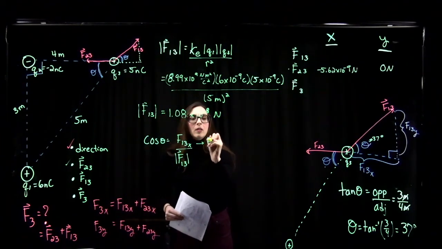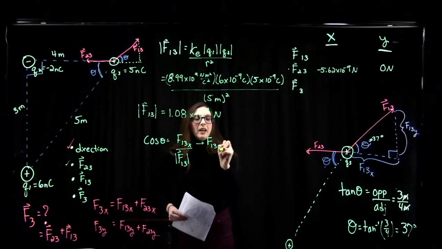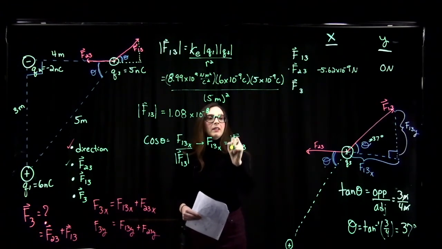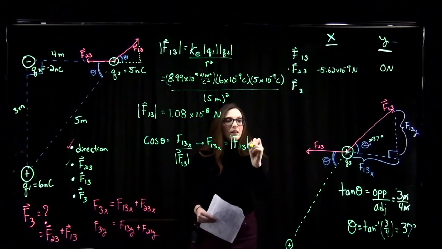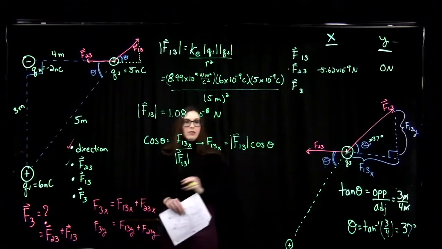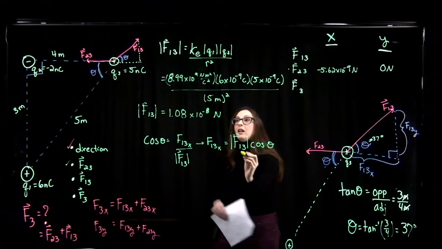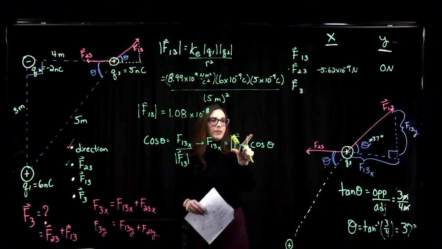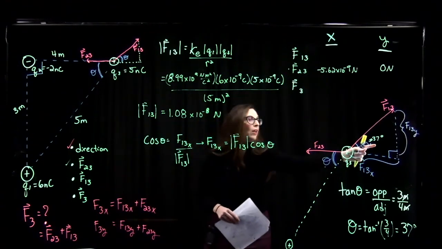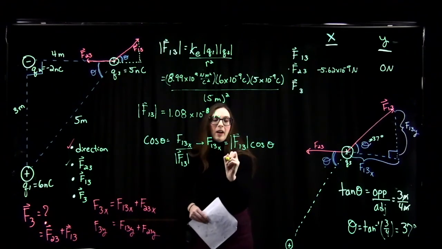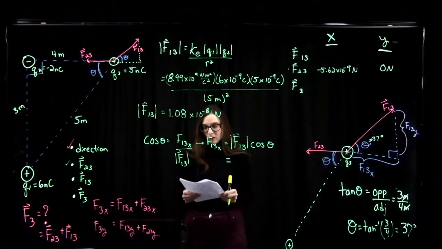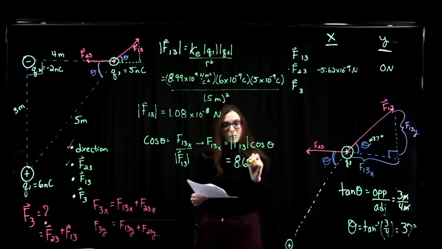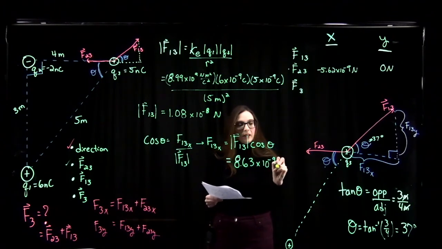So F13x equals the magnitude of F13 times cosine of my angle theta, cosine of 37 degrees. Okay? If I take 1.08 times 10 to the minus 8 newtons, right here, times cosine of my angle 37 degrees, then I get the magnitude of F13x, which is 8.63 times 10 to the minus 9 newtons.